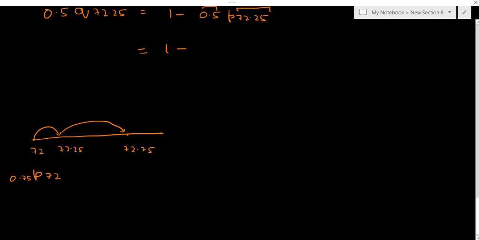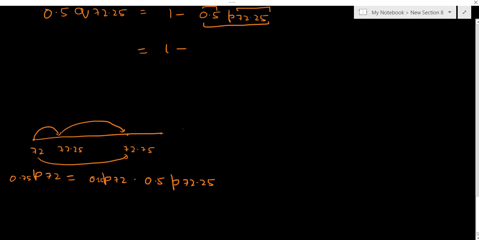So I can write that this entire thing, that is 0.75 P 72, is equal to the probability of going from 72 to 72.25, that is 0.25 P 72, into going from 72.25 to 72.75, that is 0.5, that's the difference, P 72.25. So I can write this as this.